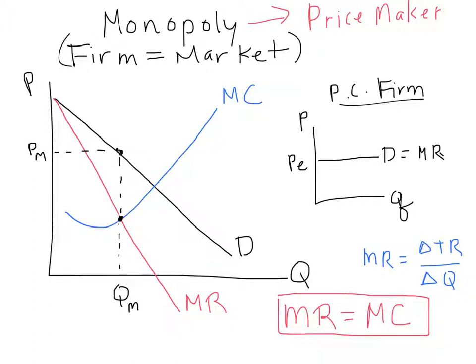Okay, so we have the monopoly's decision to produce QM based on where MR equals MC. And then we have the price PM, which is determined by how much the market will bear for that quantity QM. It'll bear this price up here, okay? Now, we're going to notice that this price is higher than it would have been if this was competition.